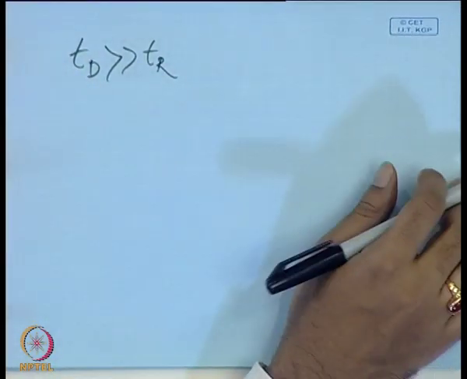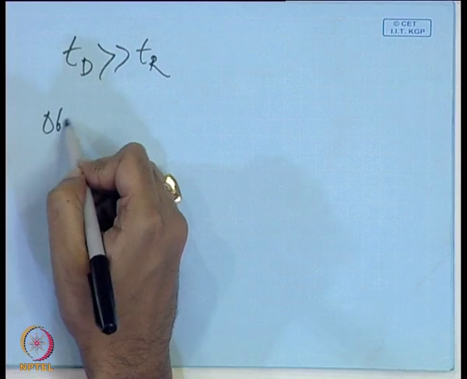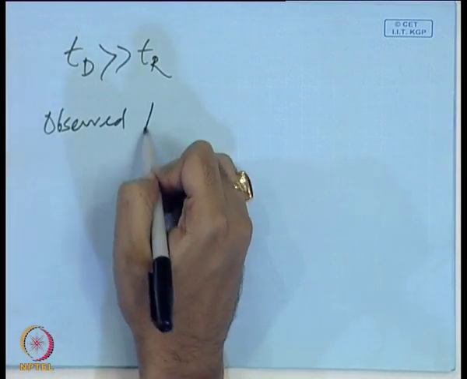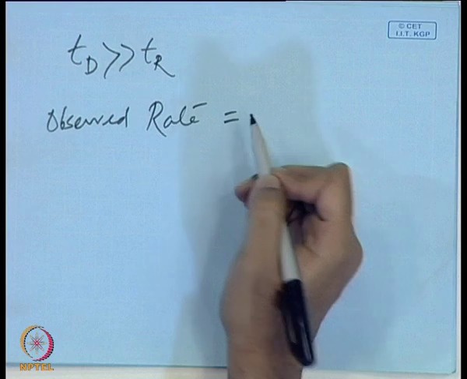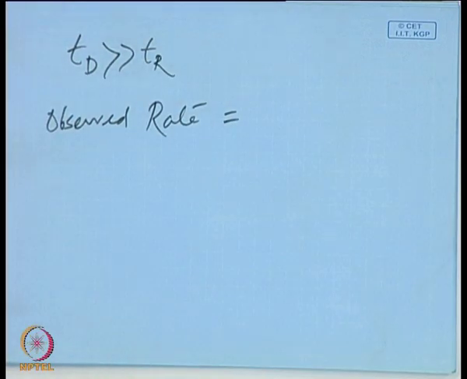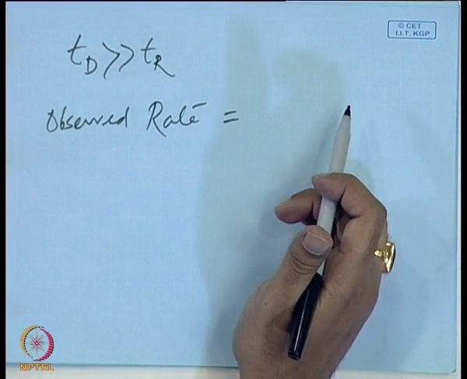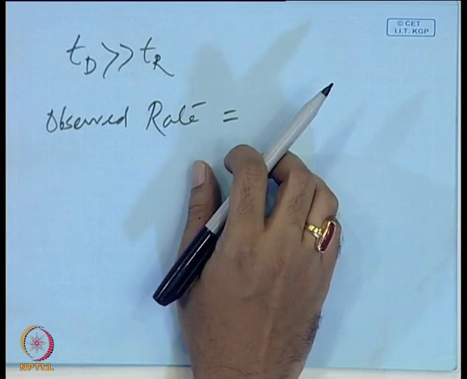In the extreme limit of this case, what would be my observed rate of reaction? In the first case, the reaction limited regime, we had that the observed rate equals the intrinsic rate of reaction. The other extreme asymptote, where the reaction is very fast as compared to mass transfer, what would be the rate limiting step?